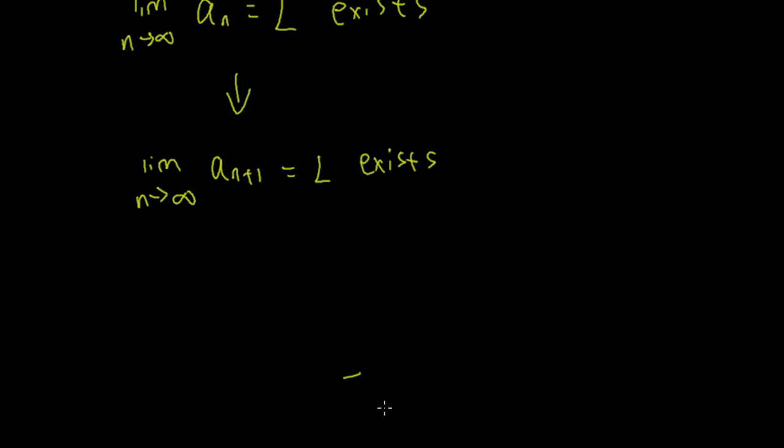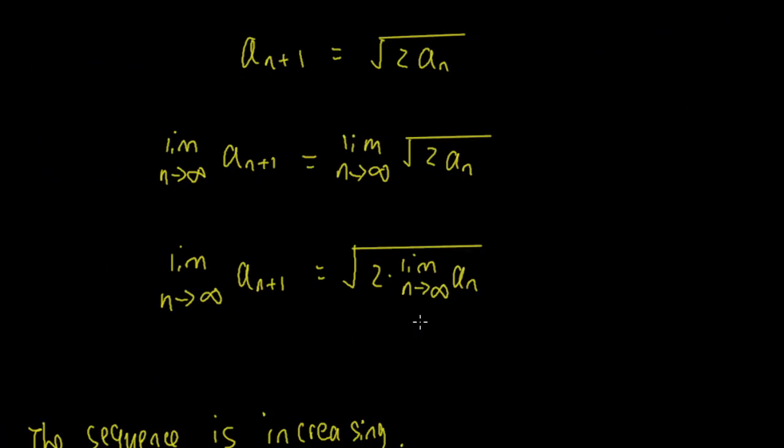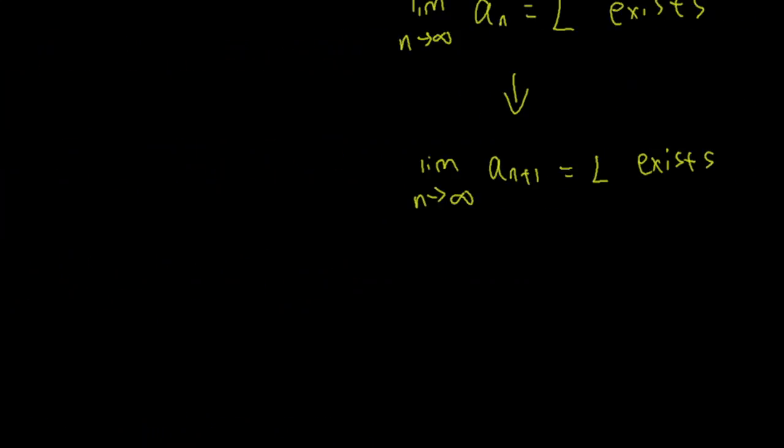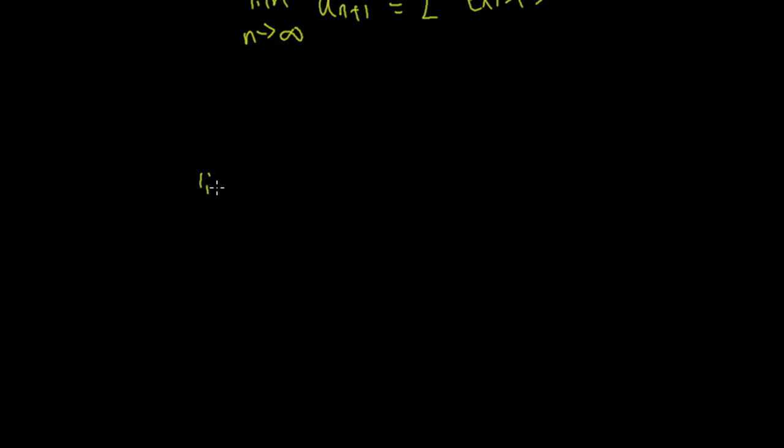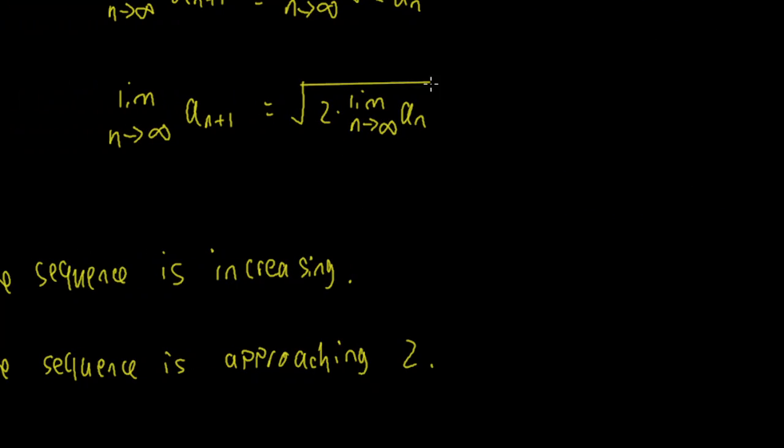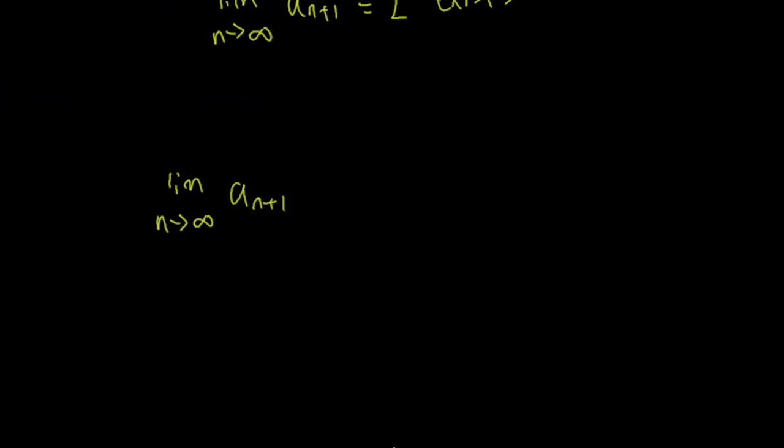Now, let's come back here to what we were just talking about. I'm going to rewrite this on the other side and then continue with this, okay? So here, coming back to our original question, limit as n approaches infinity of a sub n plus 1 is equal to square root of 2 times limit as n approaches infinity of a sub n.